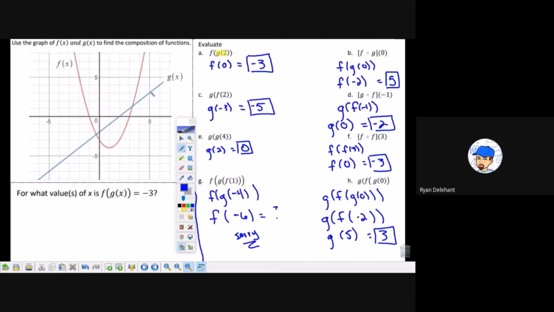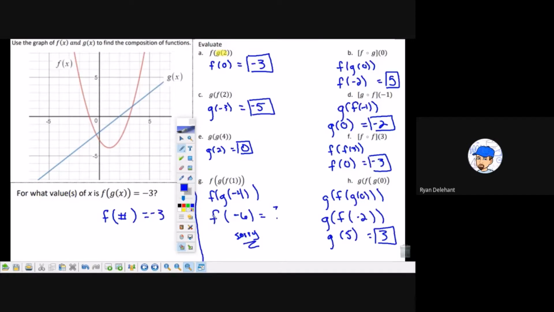Oh, we didn't do the last problem, I'm sorry. So for what values of x is f of g of x -3? So when we look at this, we want to know what number do we put in on f to get -3 as an answer.